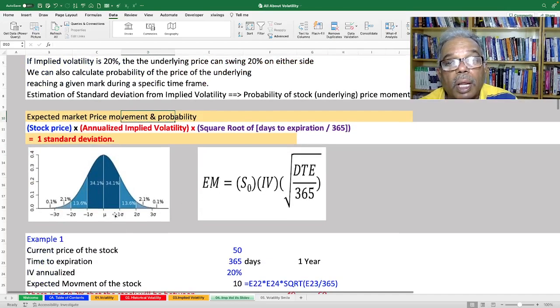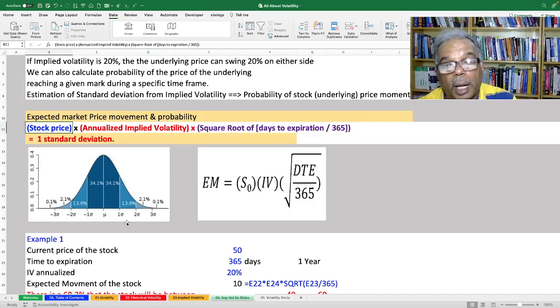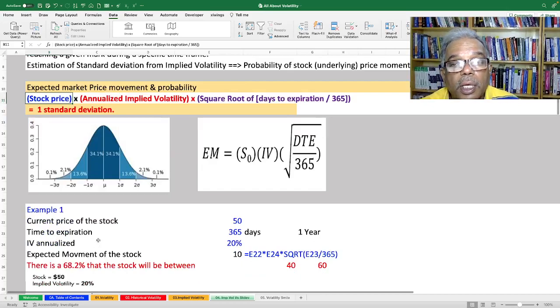So how do you calculate one standard deviation of a stock price movement? The formula is current stock price times annual implied volatility times square root of number of days to expiry divided by 365, and that will give you one standard deviation.